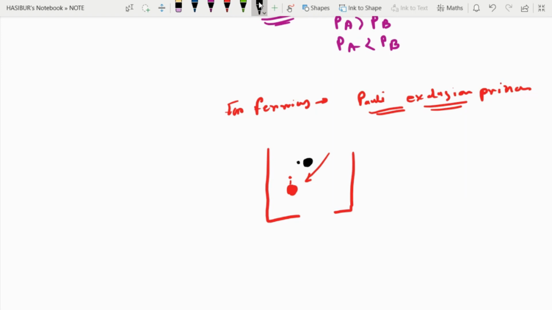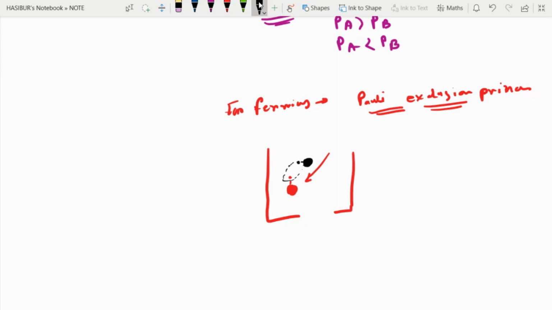Whenever this atom comes close to this atom, this electron's wave function will overlap this electron's wave function.